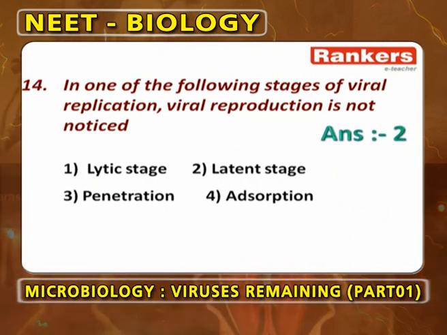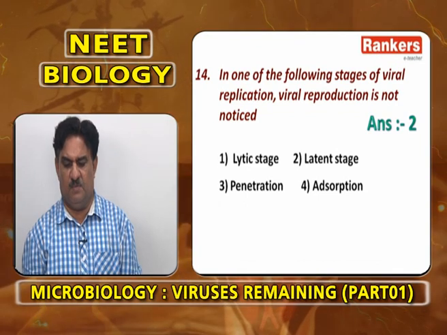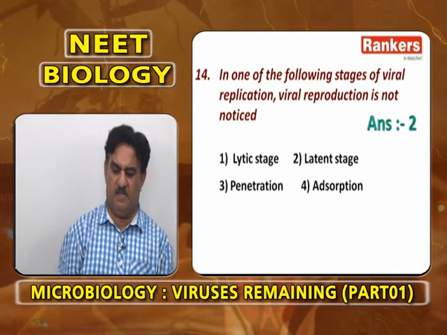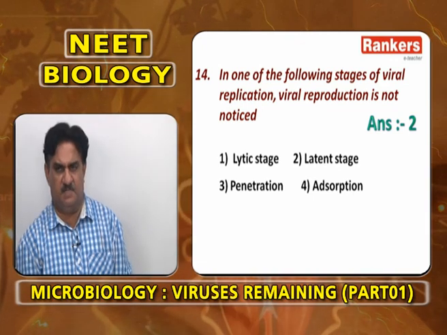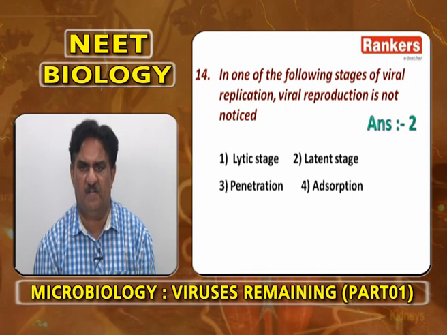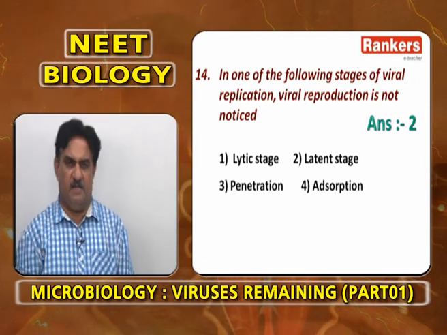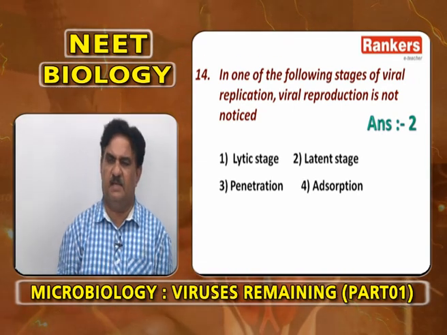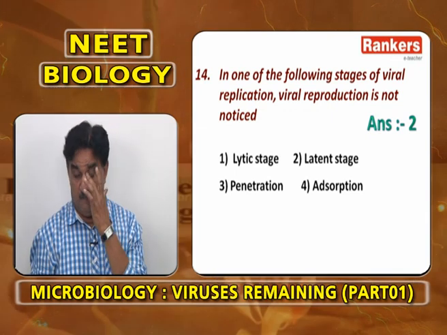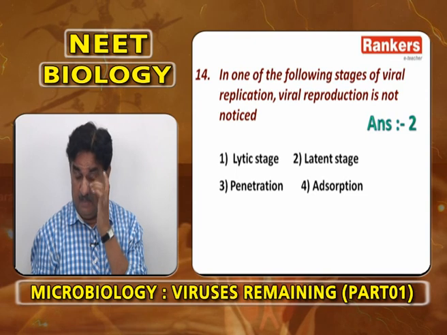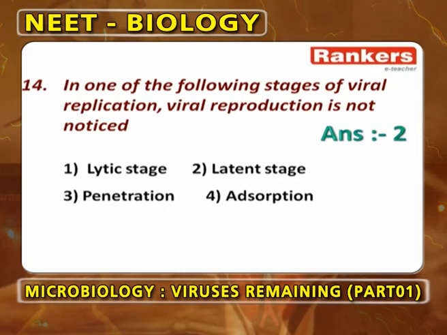In one of the following stages of viral replication, viral reproduction is not noticed. First, in adsorption, a bacteriophage attaches to the bacterial cell with the help of tail fibrils. Later, the tail fibril secretes a special enzyme, lysozyme, which makes a small pore in the bacterial cell wall. Penetration takes place and the viral DNA enters the bacterial cell.